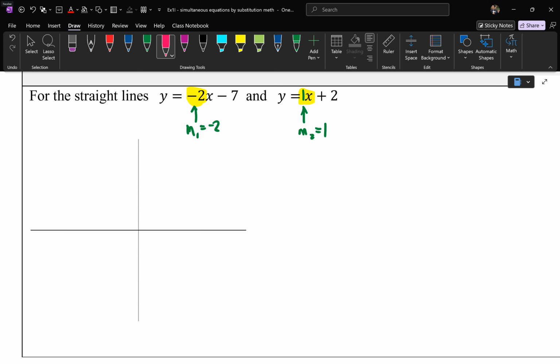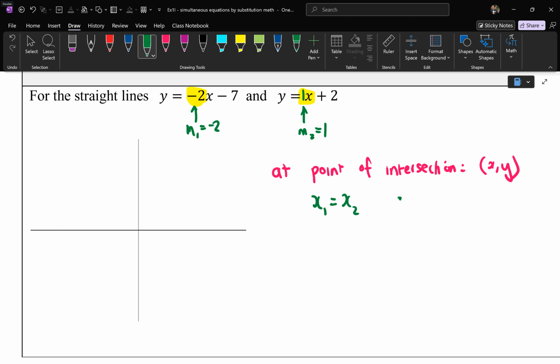But at the point of intersection, they both share the same xy coordinates. So what I'm trying to say is x1 equals x2 and y1 must equal y2, because they both have to have the same coordinates.